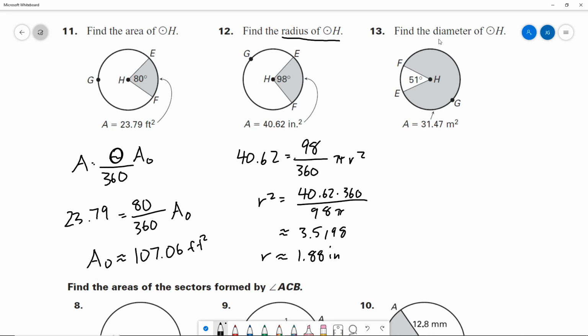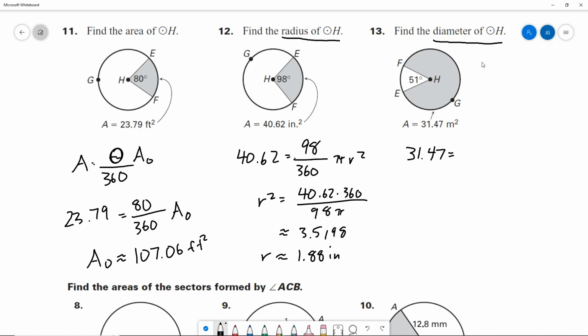Okay. Number 13 on this one. Instead of the radius, we're finding the diameter. So it's the same process as 12. We just multiply our final answer by 2 to get our diameter. So 31.47 is going to be equal to, in this case, our theta.